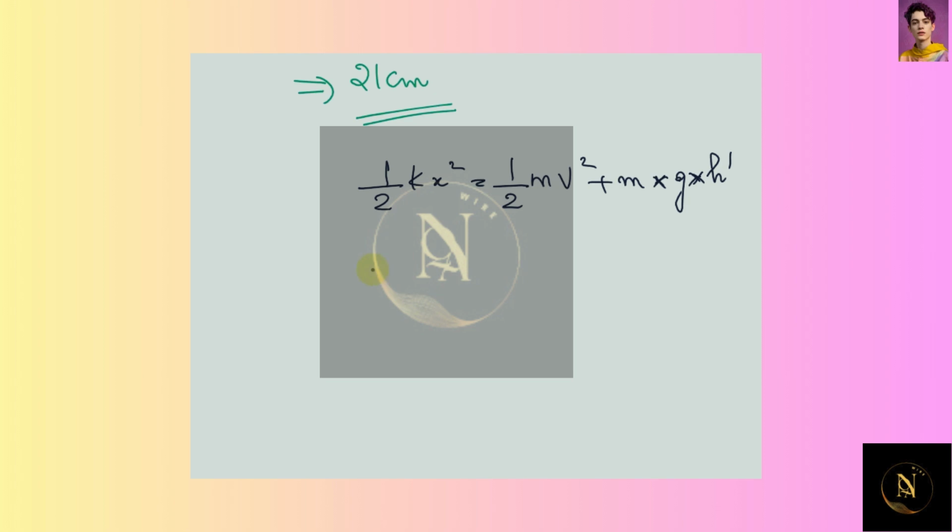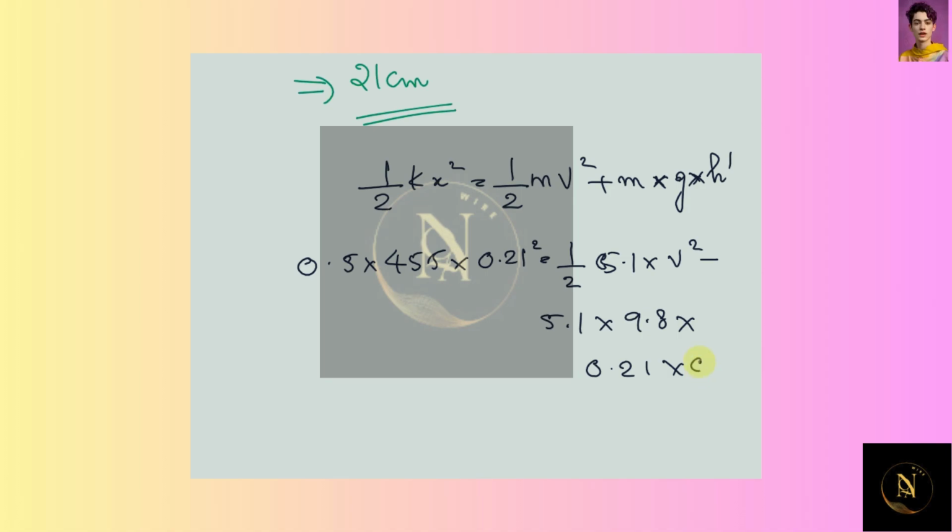Let's substitute: 0.5 into 455 into 0.21 squared will be equal to half into 5.1 into v squared plus 5.1 into 9.8 into 0.21 into 0.629. On solving for v squared, it will be equal to 6.52. Hence, v will be equal to 2.55 meter per second.